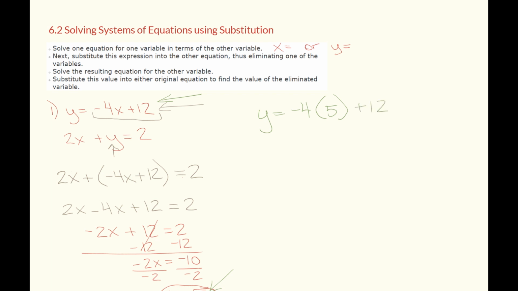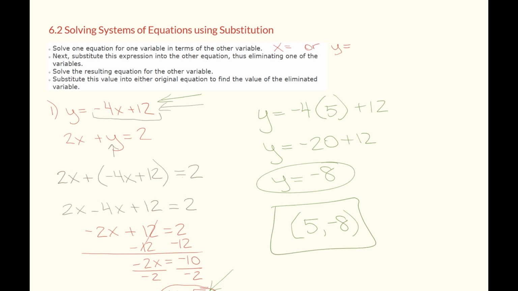I'm substituting in what we found for x into the x in the first equation. So y equals negative 4 times 5 is negative 20, plus 12 is negative 8. You write your answer as a coordinate, (5, negative 8), because that's your x and your y. So you write it in alphabetical order.